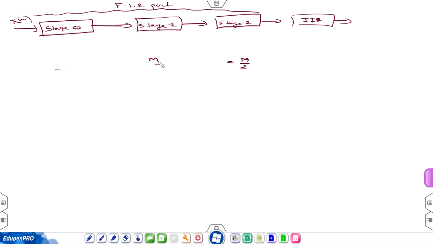For this, m divided by 2 divided by 2, and for this, m divided by 4 divided by 2. So this is 8 by 2, that is 4, 4 by 2, that is 2, and 2 by 2, that is 1.